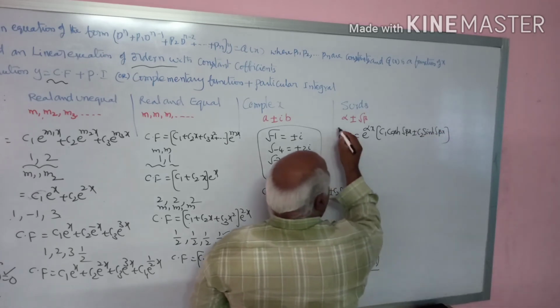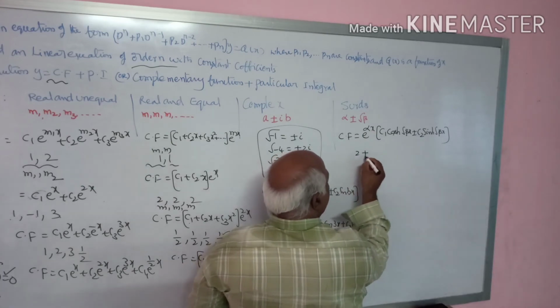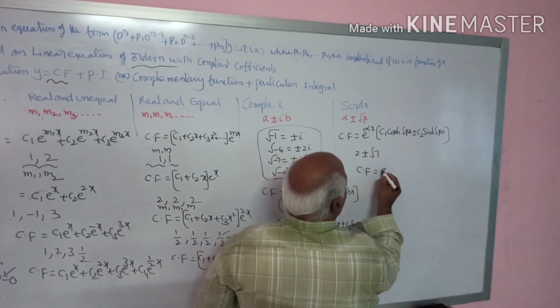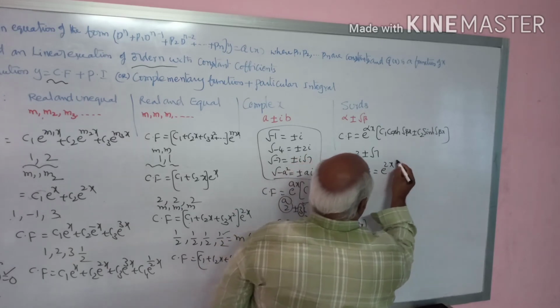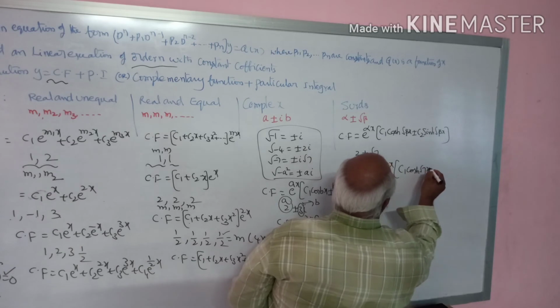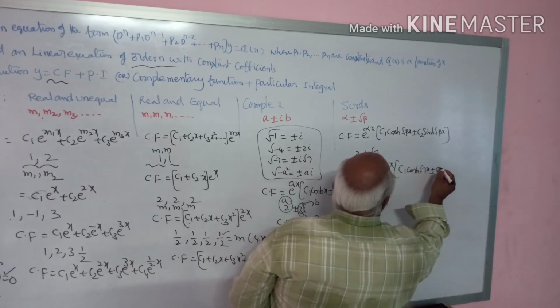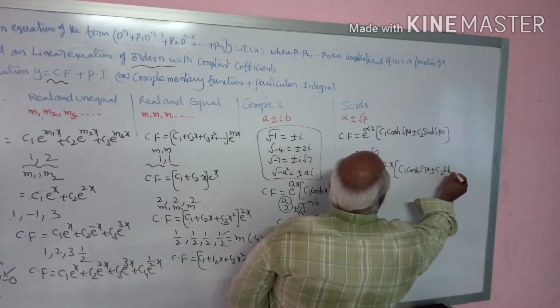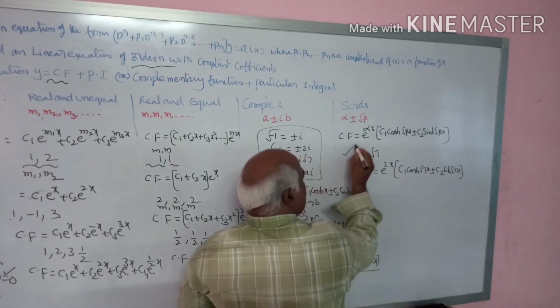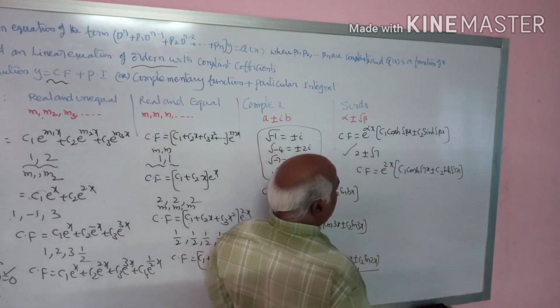What is the example for surds? 2 plus or minus root 7, then the complementary function is equal to e to the power of 2x into c1 cosh root 7x plus or minus c2 sinh root 7x. It is the example for the surds.